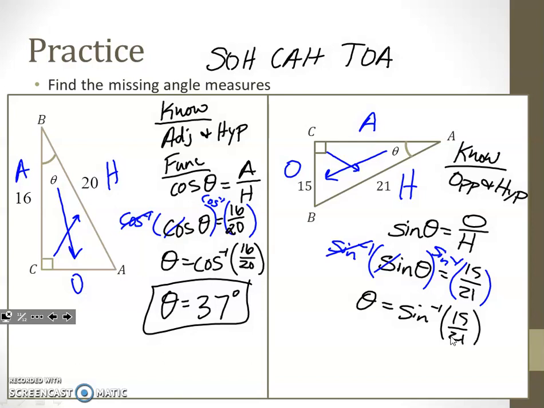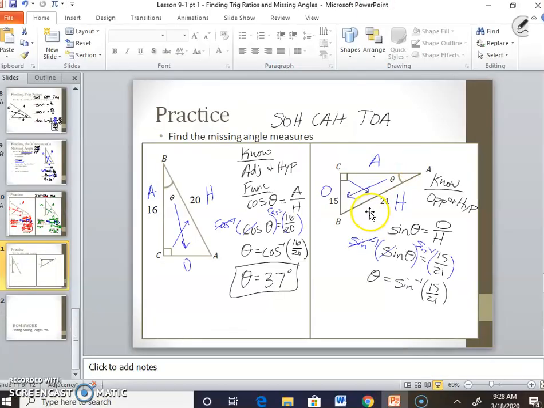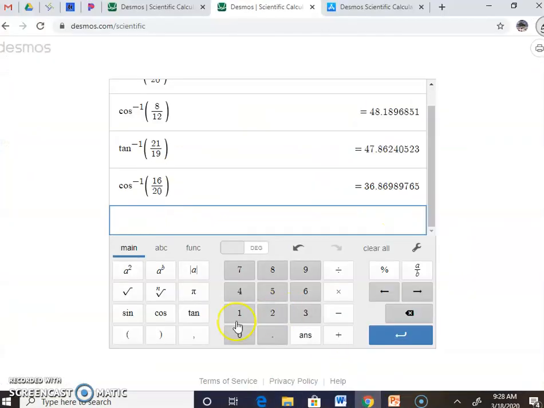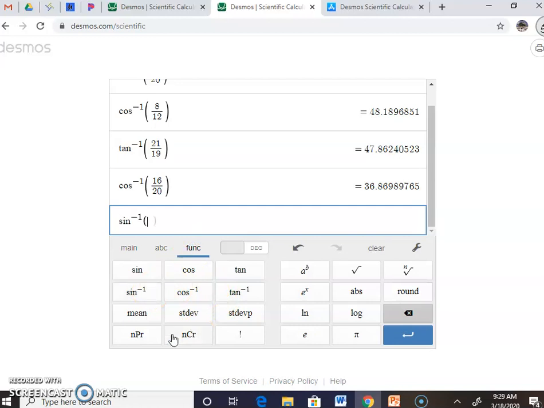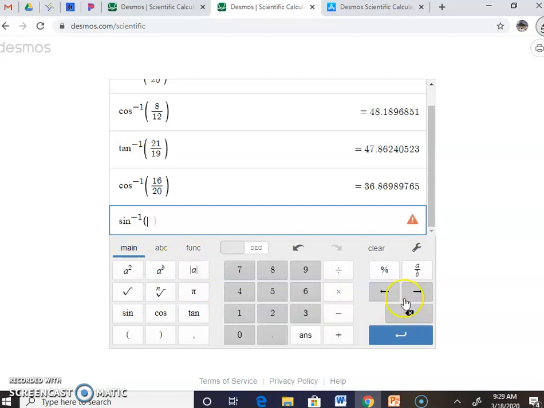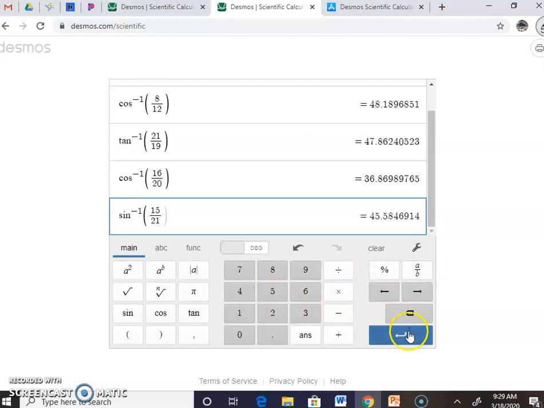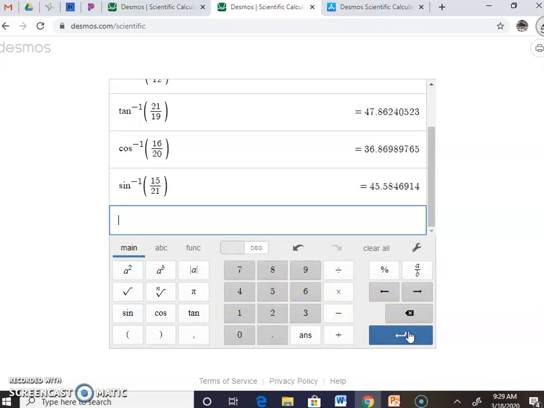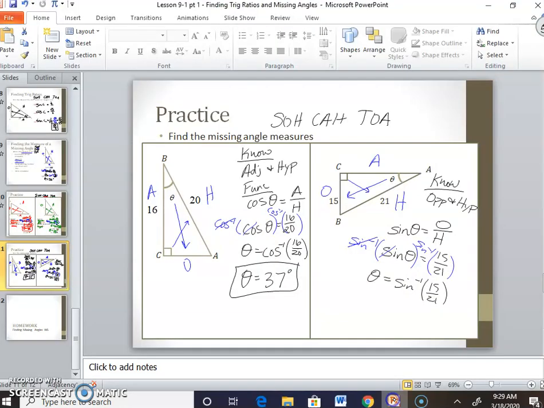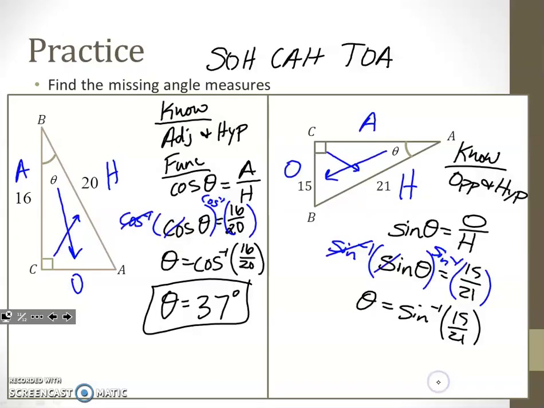Okay, I'm going to go to my calculator and do function, sine negative 1, back to our main, of 15 over 21. Press enter. 45.5. Five means we round up, so that should give me 46. So my theta equals 46 degrees.